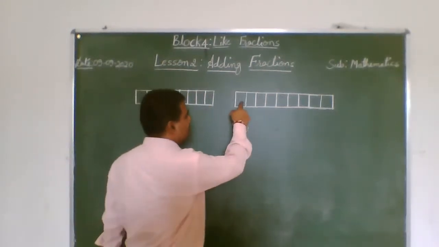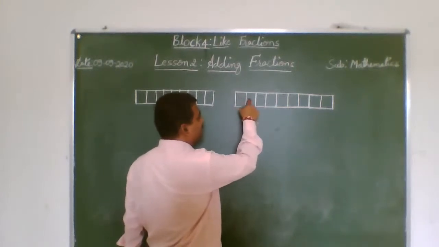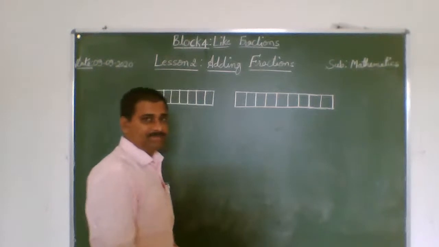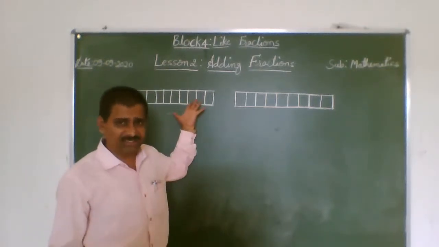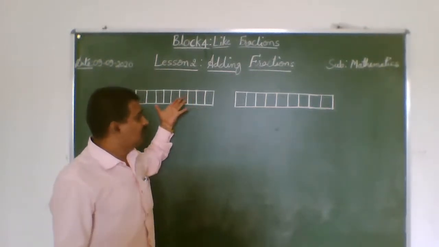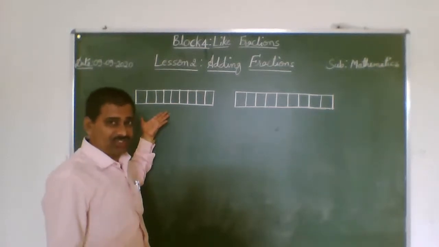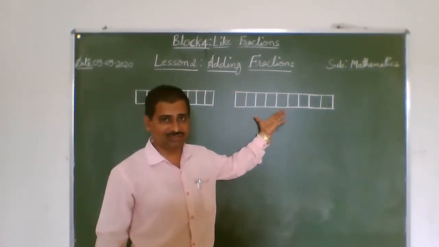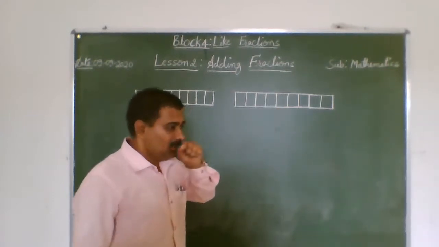One more rectangle which is again divided into 9 parts. 1, 2, 3, 4, 5, 6, 7, 8, 9 parts. Actually one is enough. So here I will show one fraction, and after adding, I will show how it looks, right?